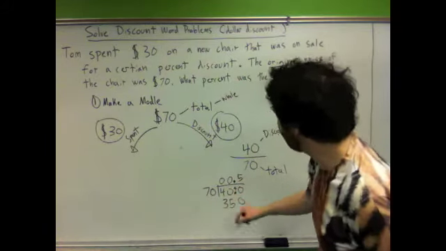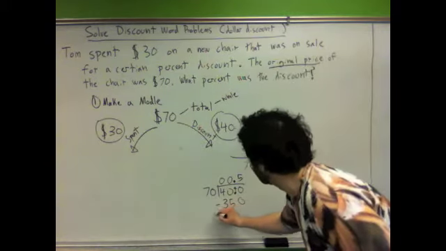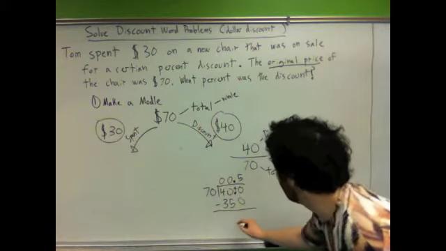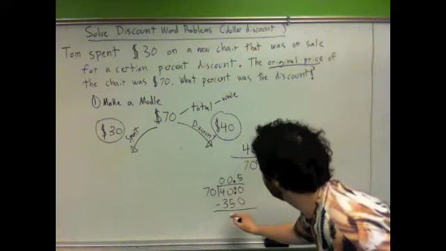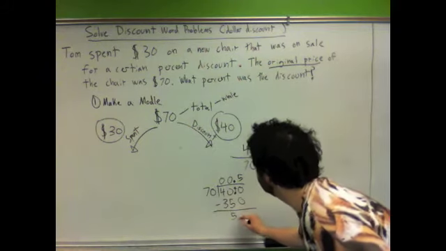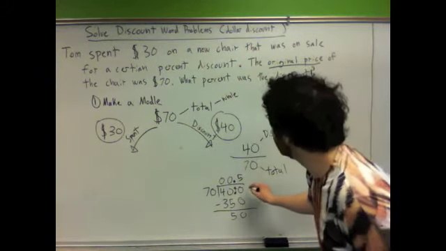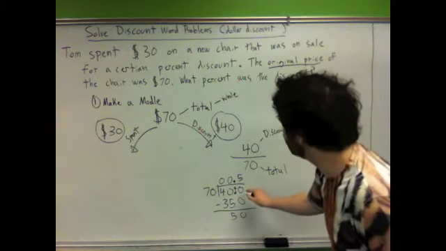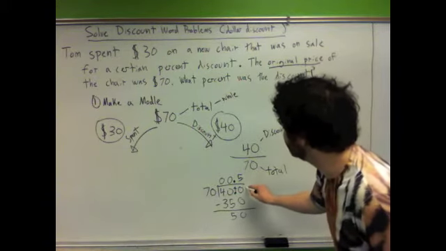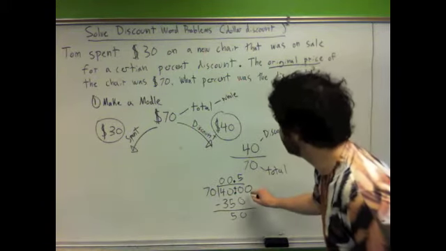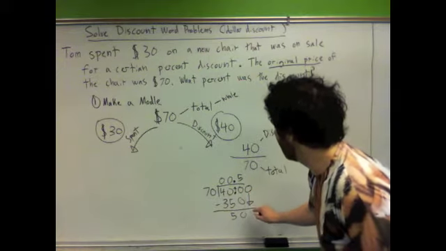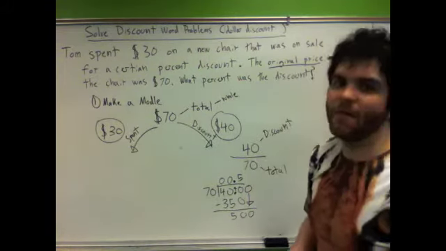And then we're going to have a subtraction problem. 400 minus 350 is going to be 50. And then we can drop down another 0. We want to do these out to 2 decimal places at least. 70 goes into 500.